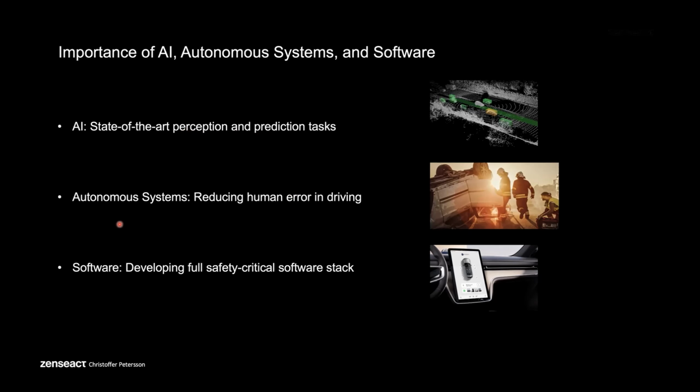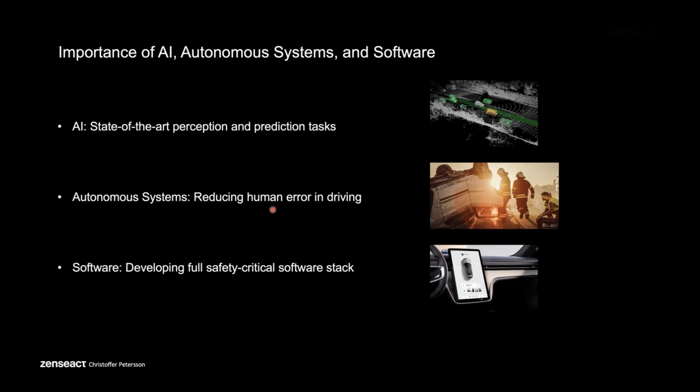And with respect to autonomy, one way to motivate why we really want to go towards a higher degree of autonomy is that when you look at traffic accident statistics, in the vast majority of the accidents, you can trace the root cause, at least to some part, back to human error.